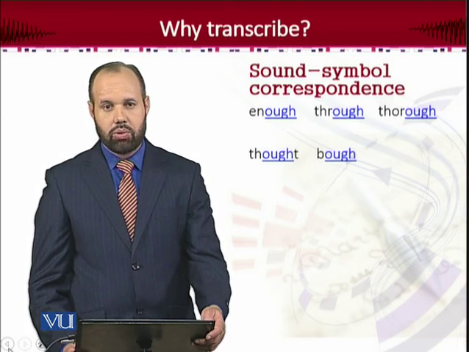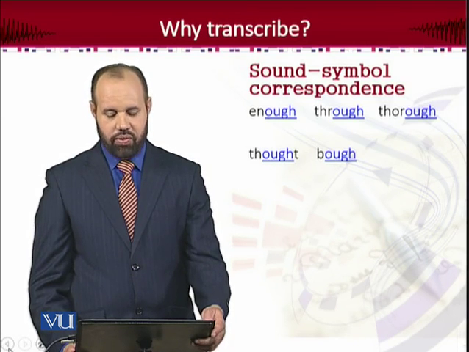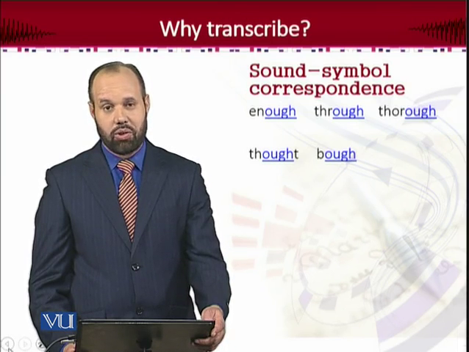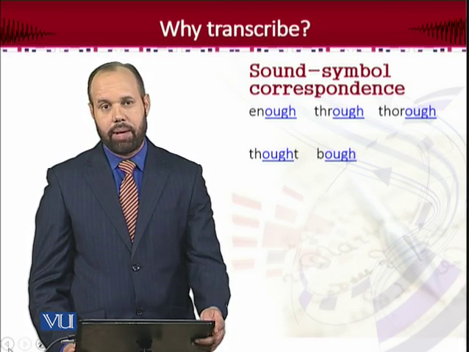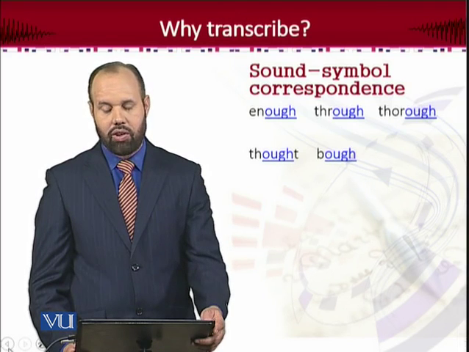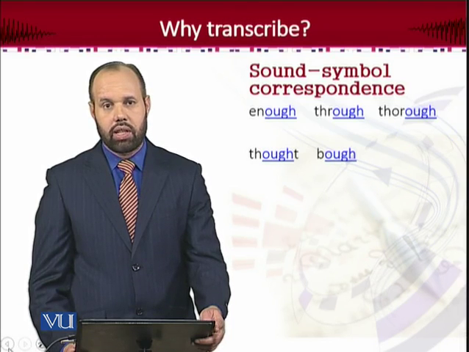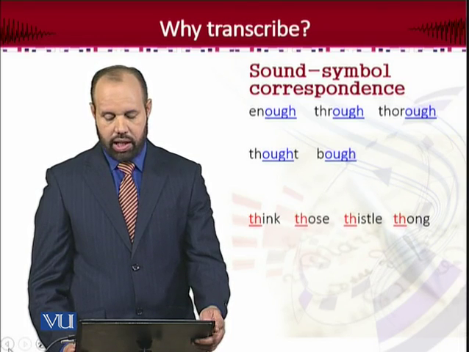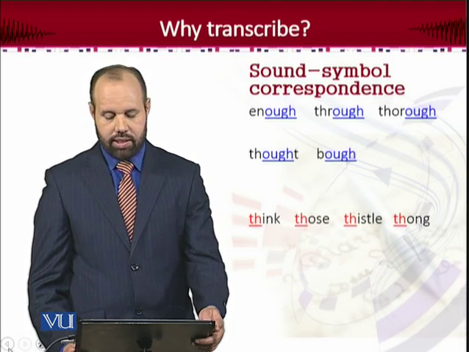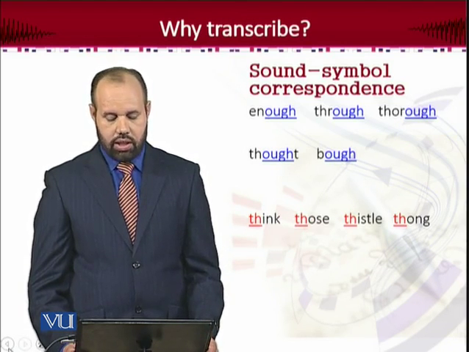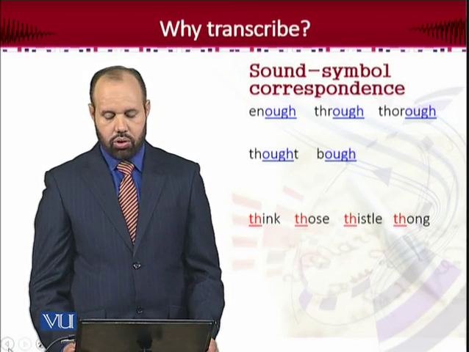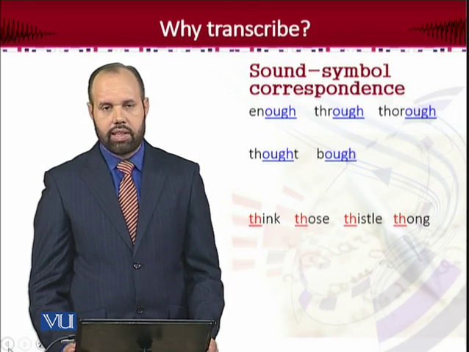And just try to detect what sound it is, because the spelling is the same. And this is very important and very interesting also, in order to imagine how the sound-symbol correspondence is within the English language particularly, and also within other languages as well. And I'm giving you 4 more examples. This time this is a consonant, a TH consonant: think, those, and then within the last 2 words, the same TH.